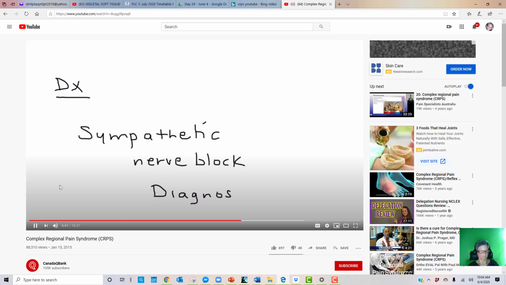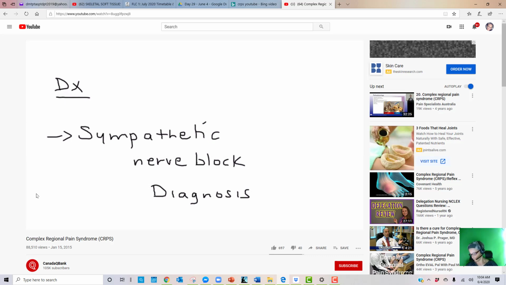And the reason is because if you do this for the patient and the symptoms of the pain are relieved, then that actually is diagnostic of CRPS. So it's one of those things that's used for diagnosis and used for treatment also. So if a pain specialist has a suspicion of CRPS, this can be used as diagnosis and treatment as well.